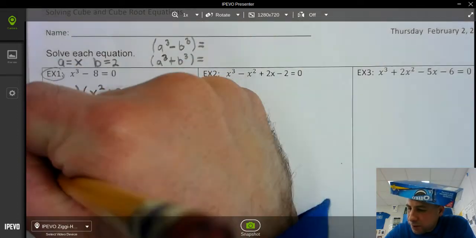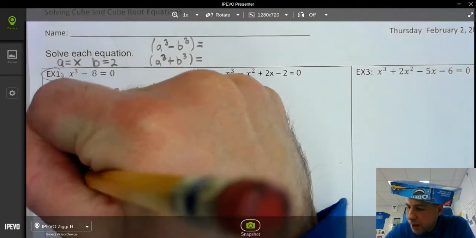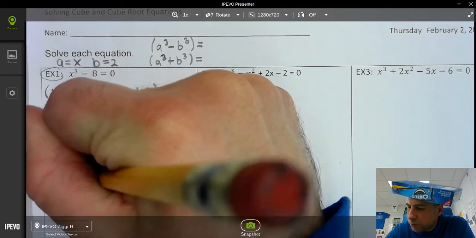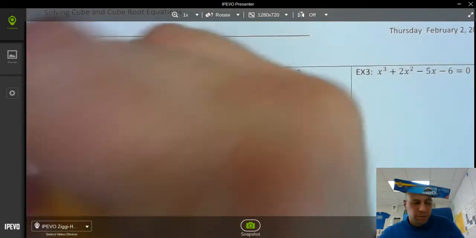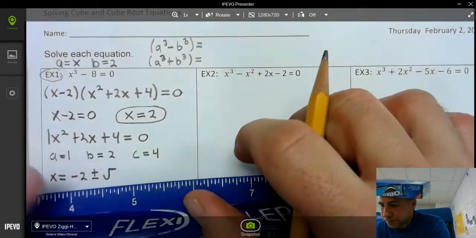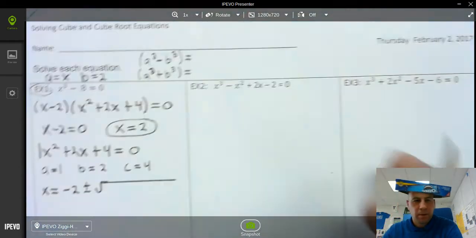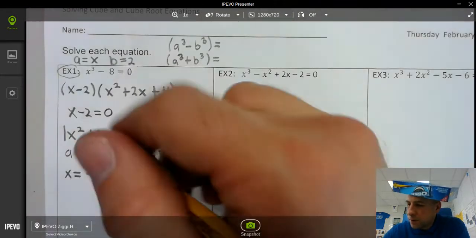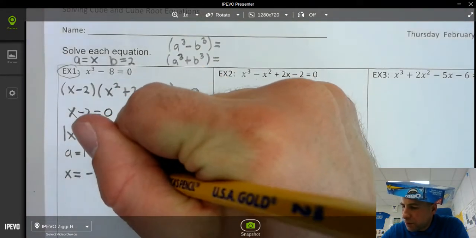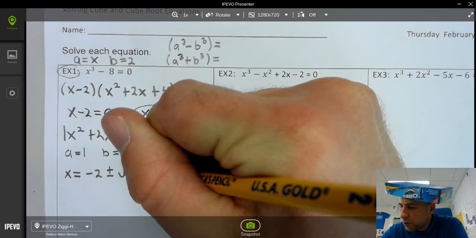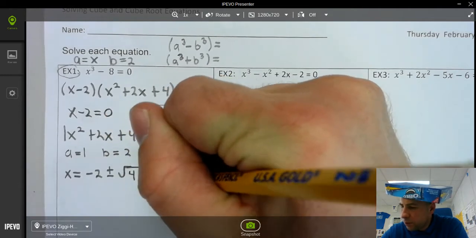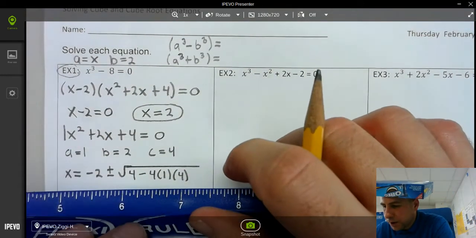Then x equals negative 2 plus or minus the square root of b squared, which is 4, minus 4 times 1 times 4, divided by 2.